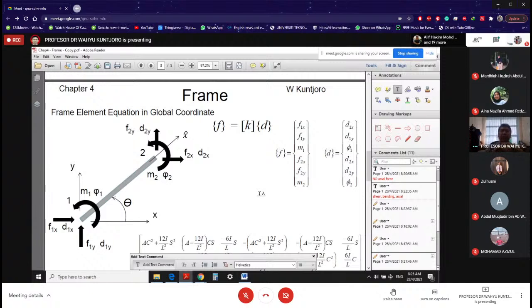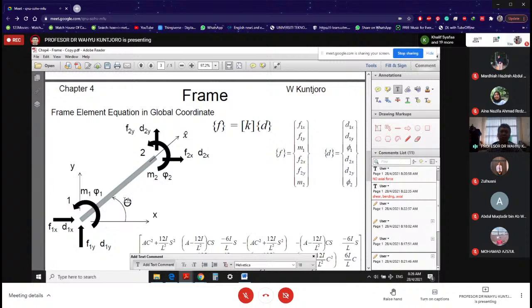Only now, the axial force and shear force are described as force in X and force in Y. Of course, based on vectors, this Fx and Fy can be described into axial force and shear force. So this Fx and Fy represent the axial and the shear force. And of course, you have your bending moment.